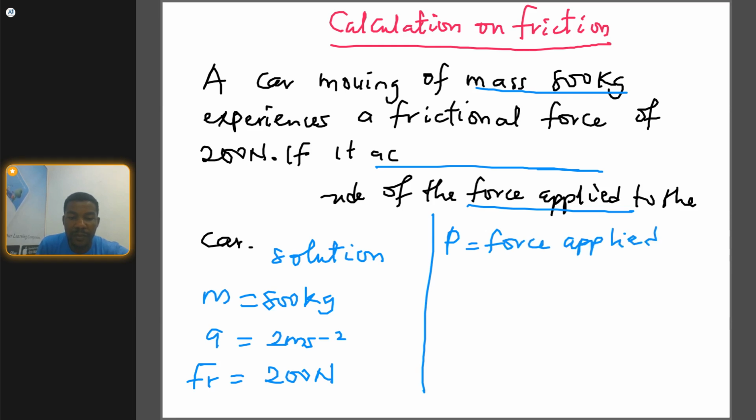Now take note that force applied, which is P, equals the frictional force plus the resultant force. Now, we need to get the resultant force. This is the frictional force, FR. This one is going to be the resultant.